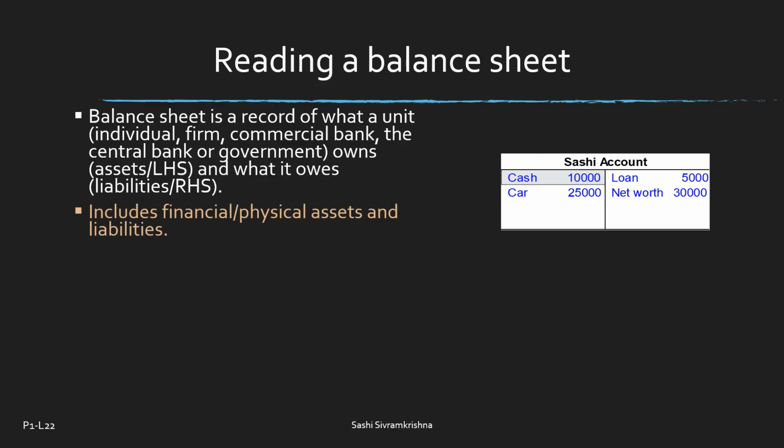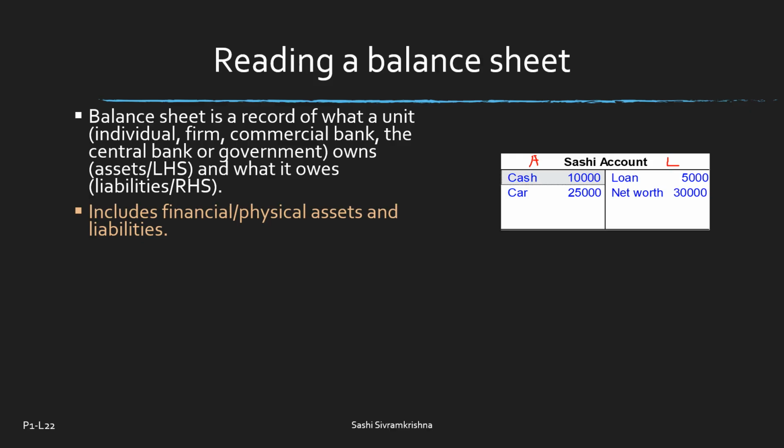The balance sheet includes on the left hand side, and this is a convention that we'll follow all through the course, the assets, and on the right hand side the liabilities of this entity. The left hand side, the assets, include both financial and physical assets.